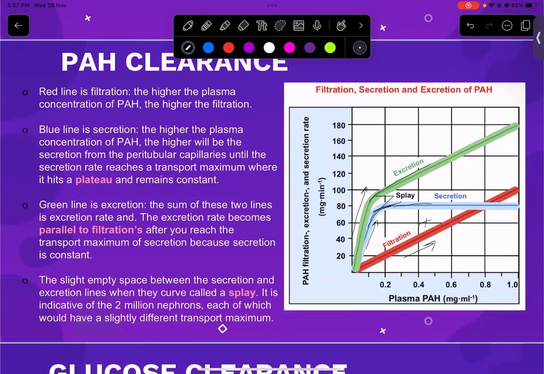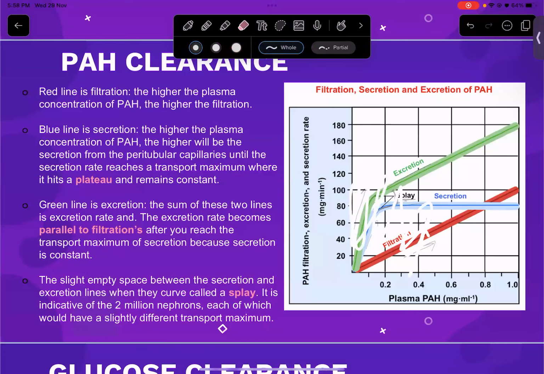But the reason they're not curving at the same level, and you see this tiny difference in between, which is called splay, is because we have a lot of nephrons. We have 2 million nephrons in every kidney, so it's impossible for every nephron to have the same exact transport maximum. This is why the excretion does not curve around at the same level as the secretion.